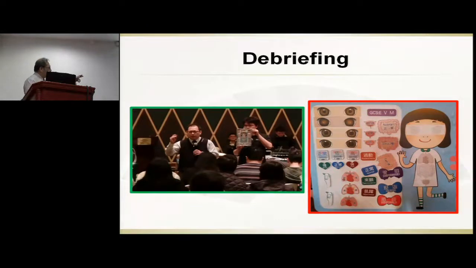Okay. And also I have a small tool for our debriefing. You see, this is a tool, something like when we were young girls, we put different clothes onto the body, right? Do you have that kind of toy? No? No, okay. Maybe I'm too old.